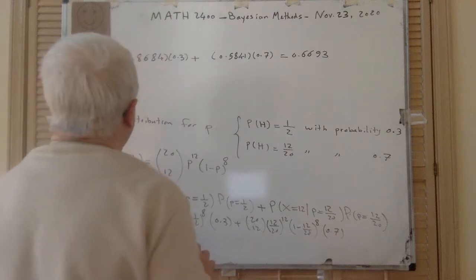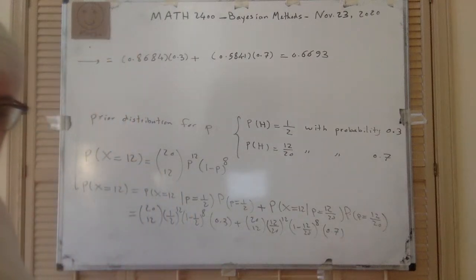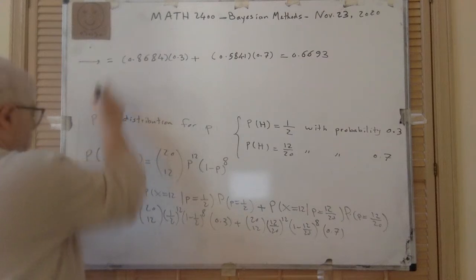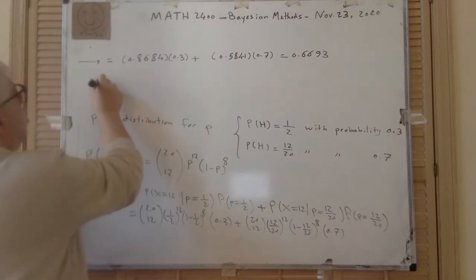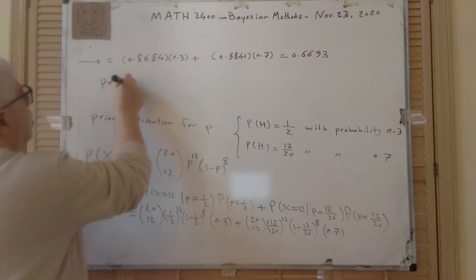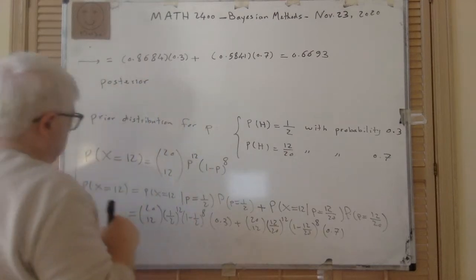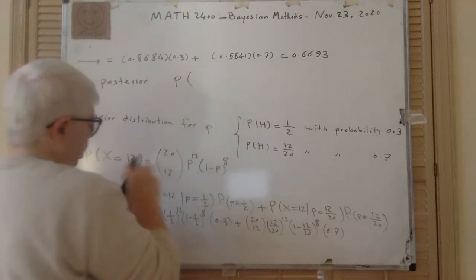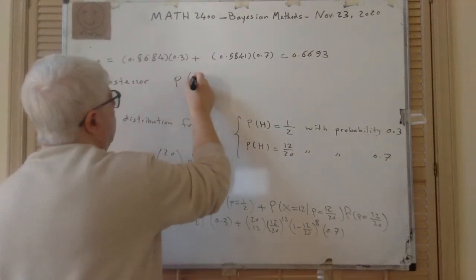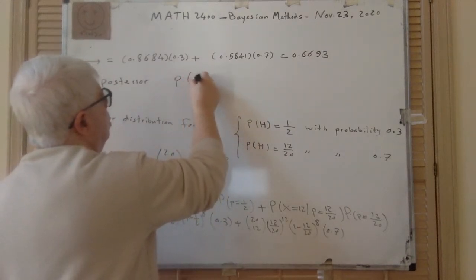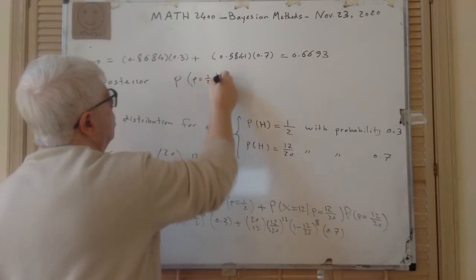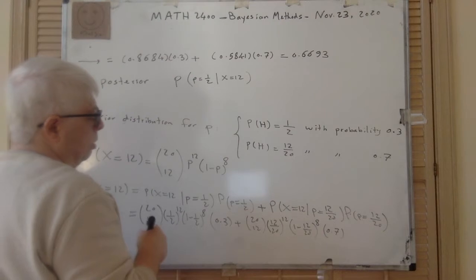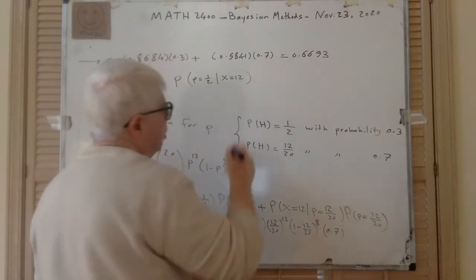Now, let's find the posterior. So the posterior is in fact this. We go back the other way. We just want to find the probability that small p is 1/2 given x is 12. Right? Given x is 12.